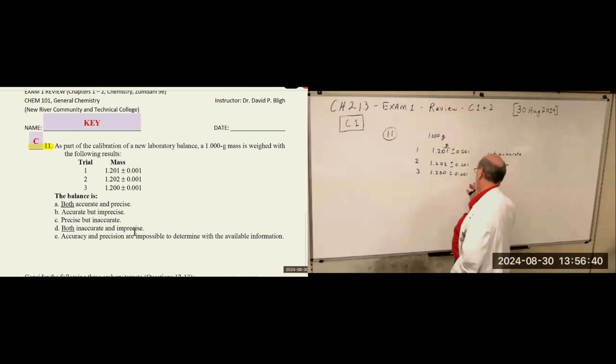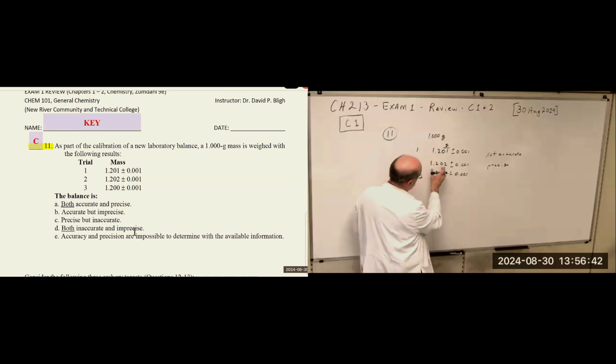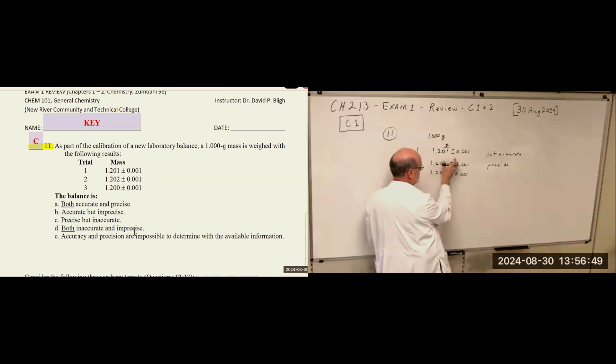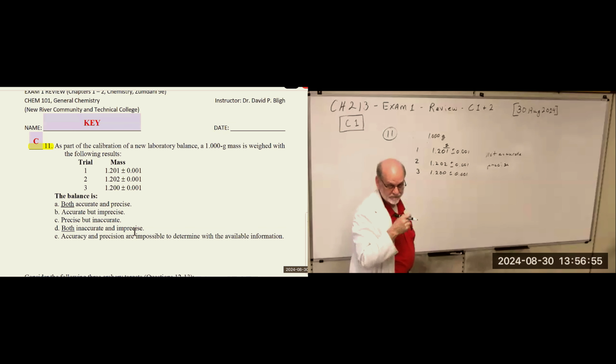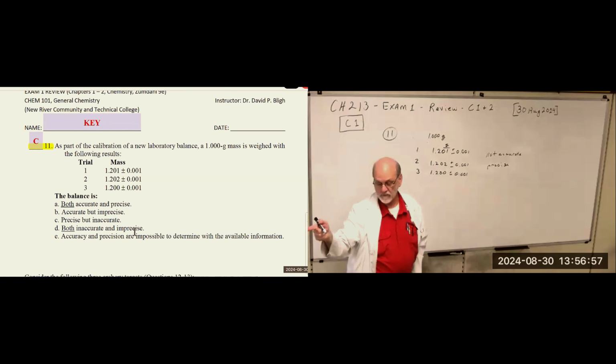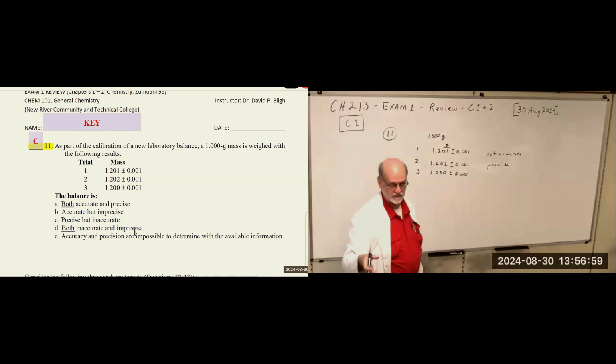Okay. The other clue is that the instrument that you're using, we know will give us a value within 1,000th of a gram. These balances over here will give you within 1,000th of a gram.